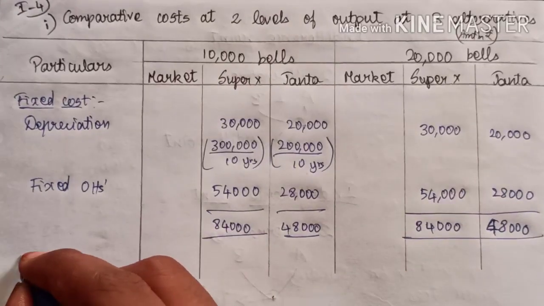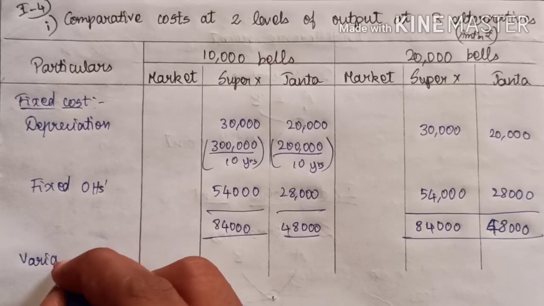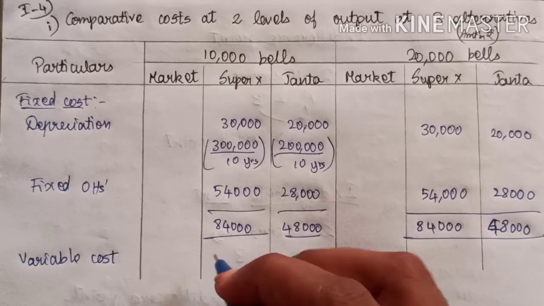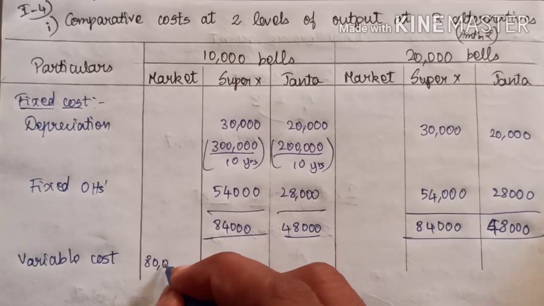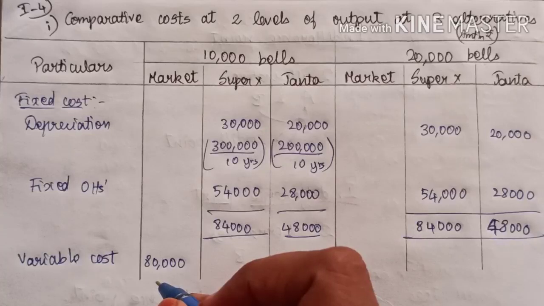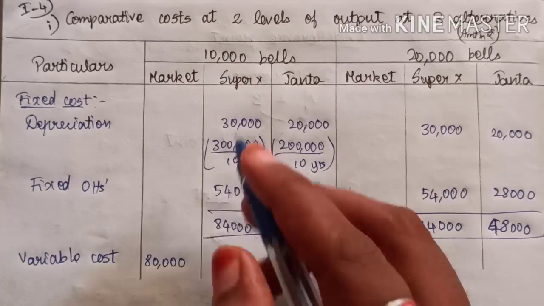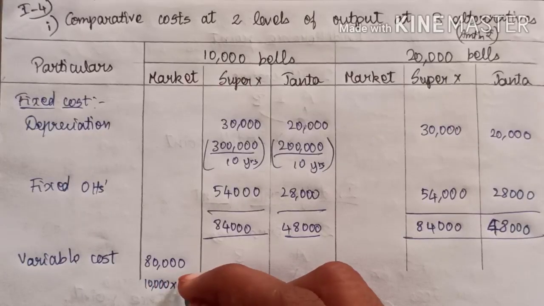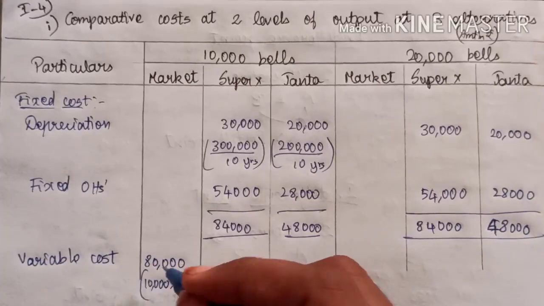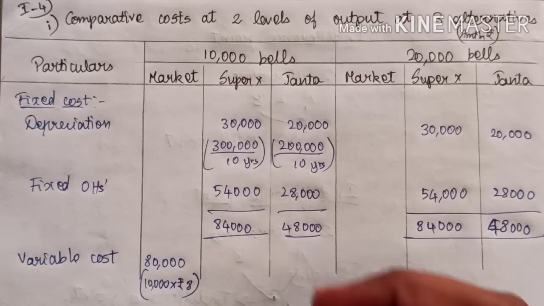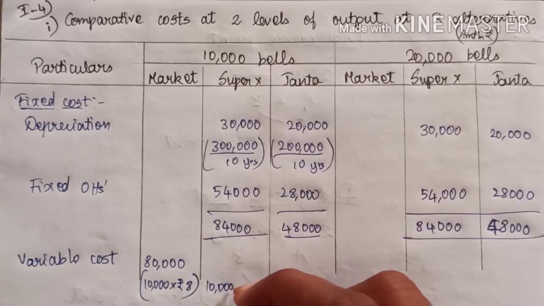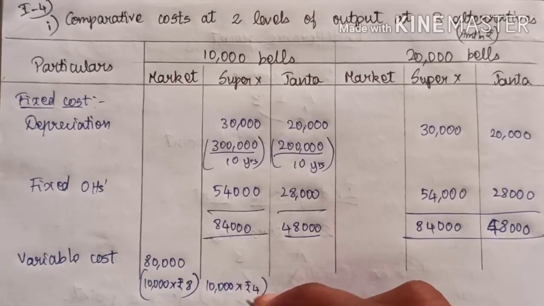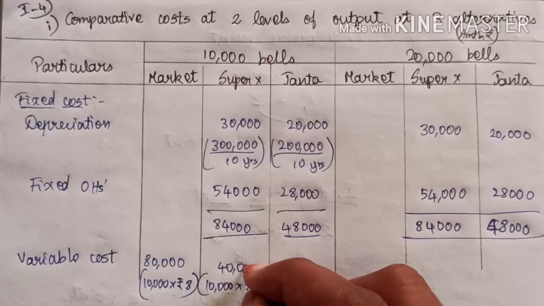Then we have to find the variable cost. See, variable cost is here 80,000 rupees, because the bells are 10,000 into rupees 8, we will get 80,000 rupees. Then the same 10,000 into the price of each bell is 4 rupees, so 40,000.